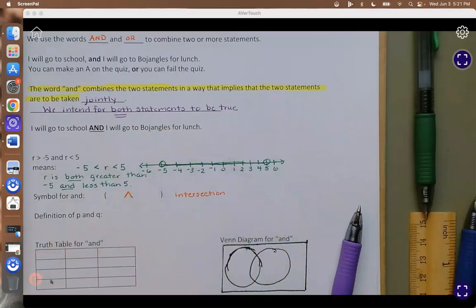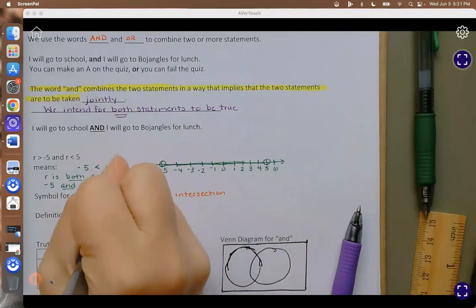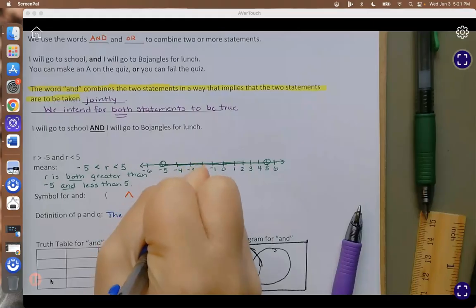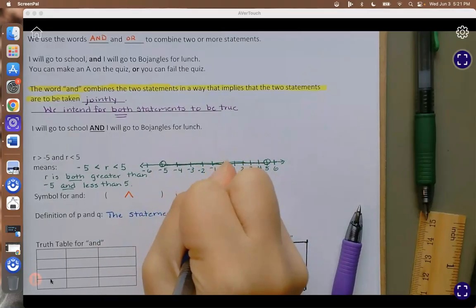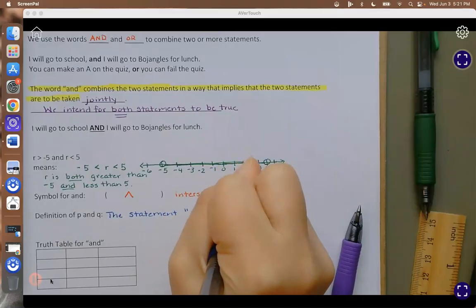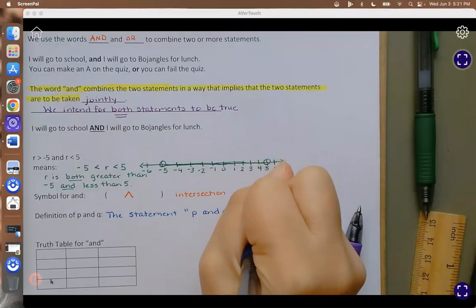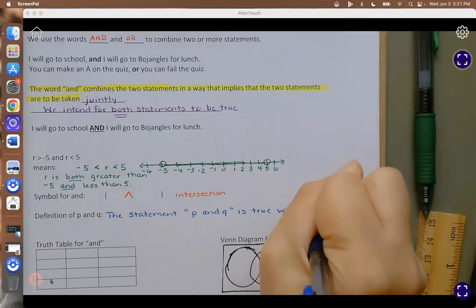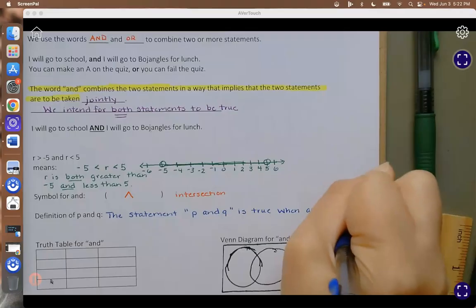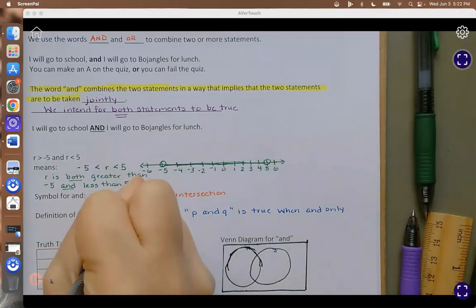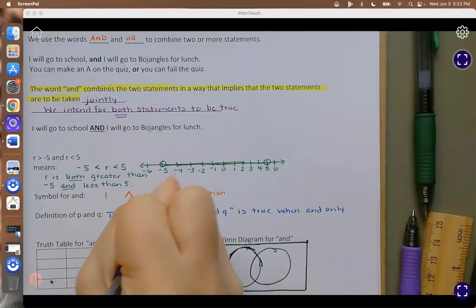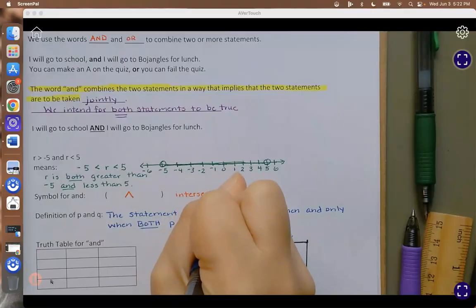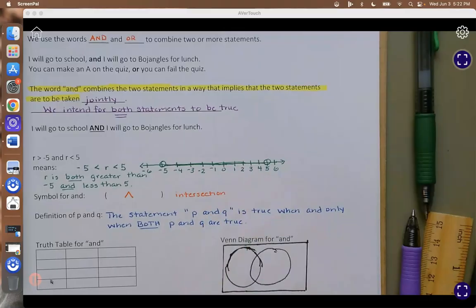So we have two things, that's P and Q. So the definition would be: the statement P and Q is true when and only when both P and Q are true.